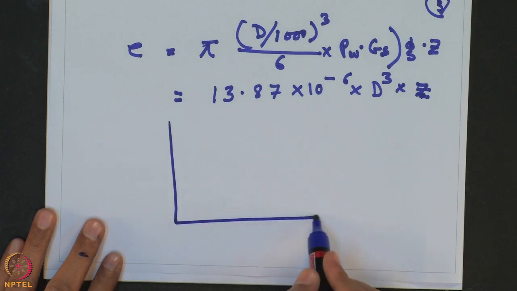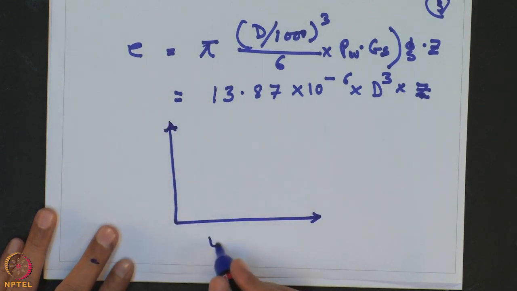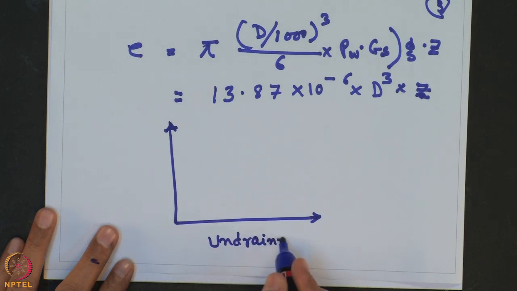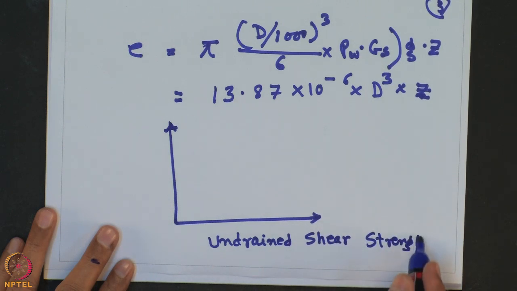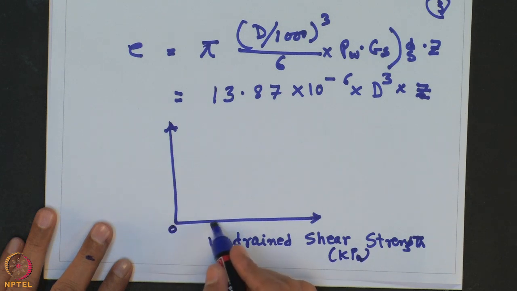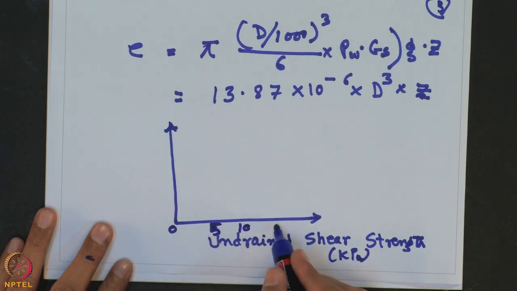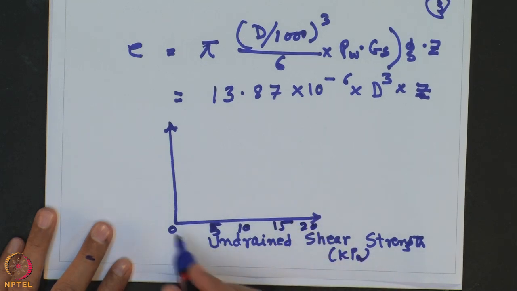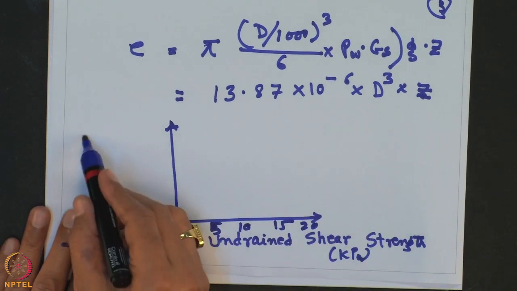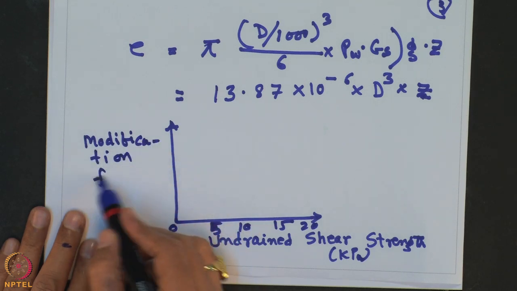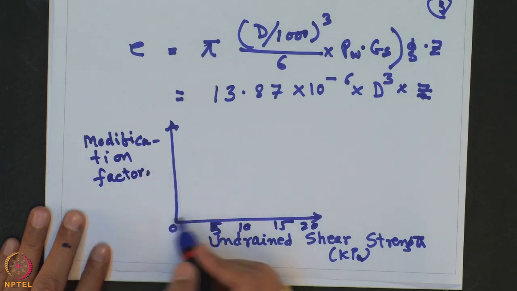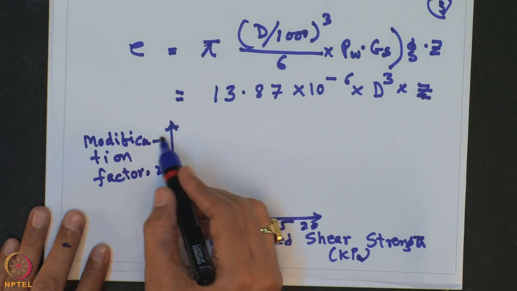You can draw a correlation between the undrained shear strength, which is in kilopascal, and may be 0, 5, 10, 15, 20, etc., and the modification factor, which may be 10, 20, 30 like that.